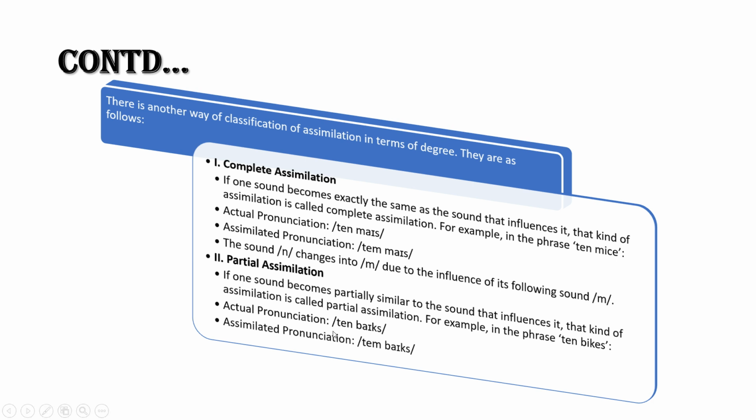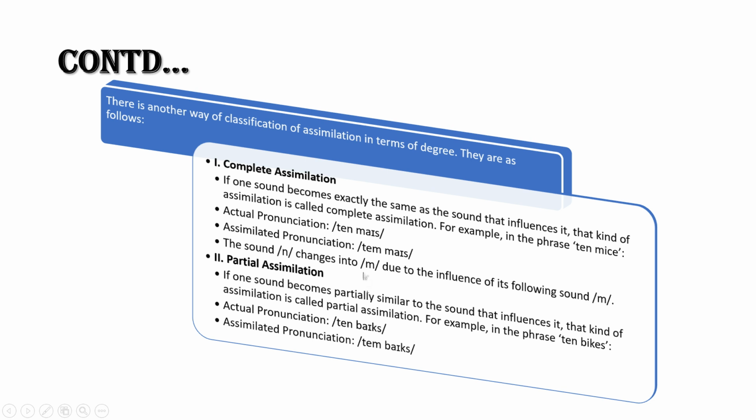language. So no sound, it is a nasal sound, and in ten bikes, it is difficult to pronounce. But if we pronounce it as tem bikes, it is easy to pronounce. So no sound changes into mo because of the influence of the following sound, that is bo sound.